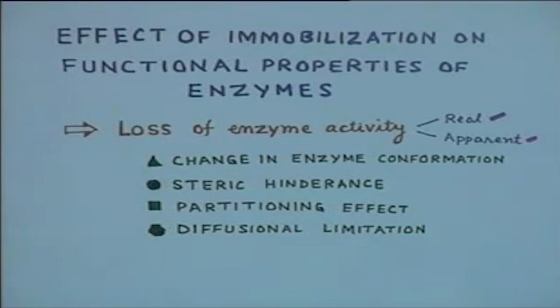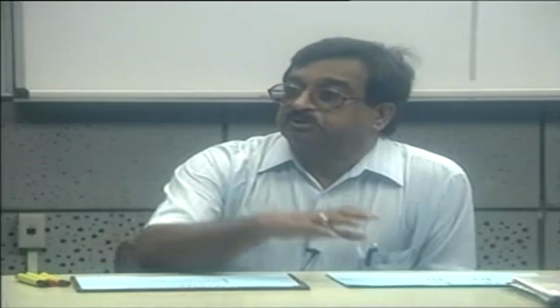When a soluble enzyme is immobilized onto a matrix, the interaction between the matrix and the enzyme amino acids might lead to conformational changes, possibly as a result of the involvement of some amino acid residues in the immobilization process.